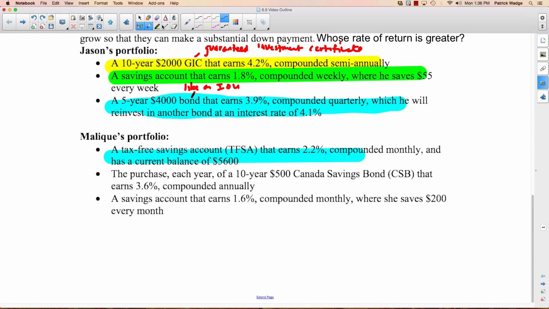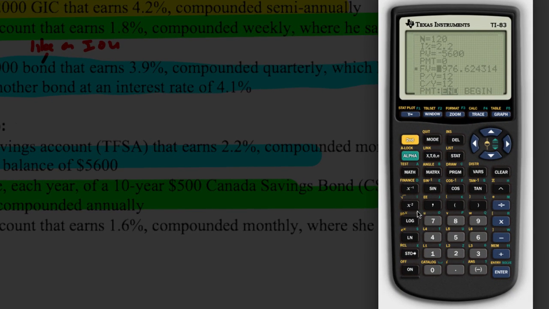On to the Canada Savings Bond. So that is this one. Okay, bring up the graphing calculator. Compounded annually for 10 years, so that means the N value is just going to be 10. The percentage is 3.6.